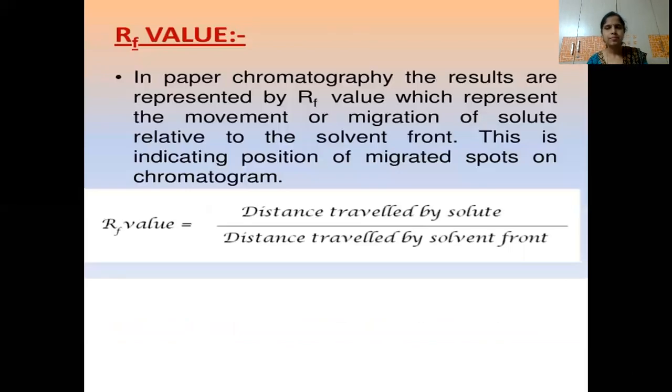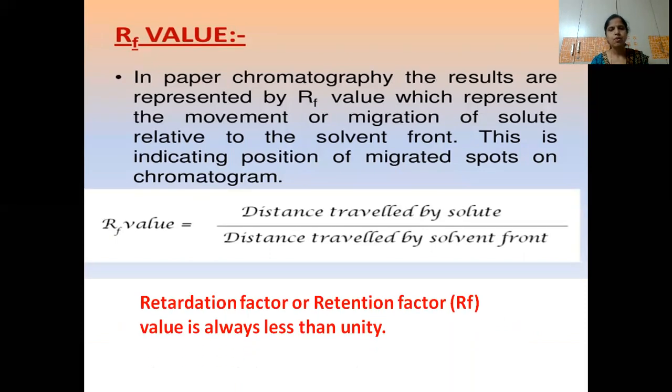Then the other term which is very important is the RF value. RF stands for retardation factor, or retention factor. What does RF give information about? We get information about the migration of solute relative to the solvent front.